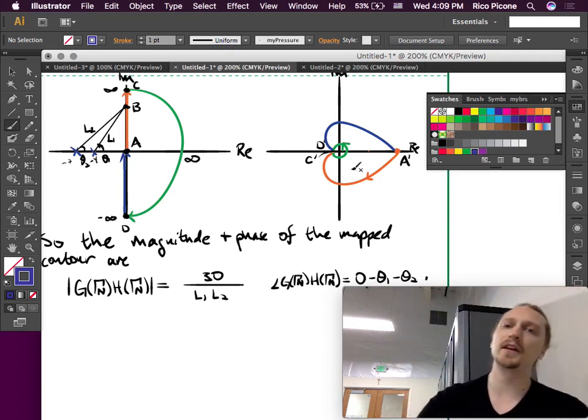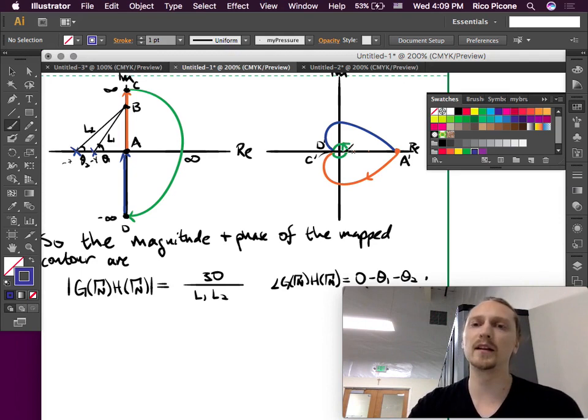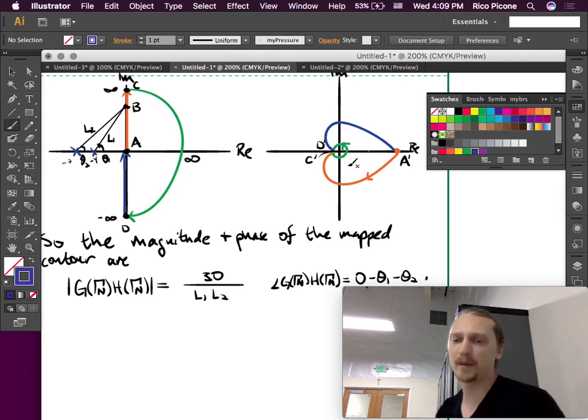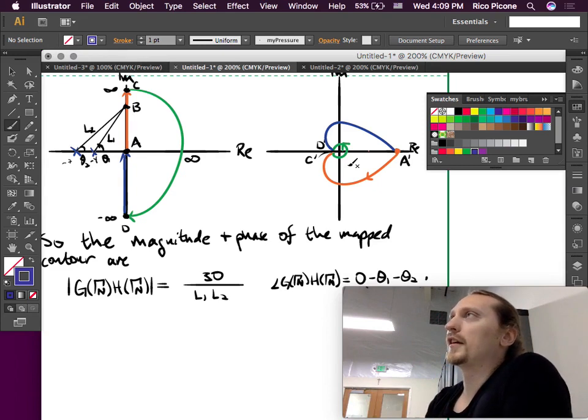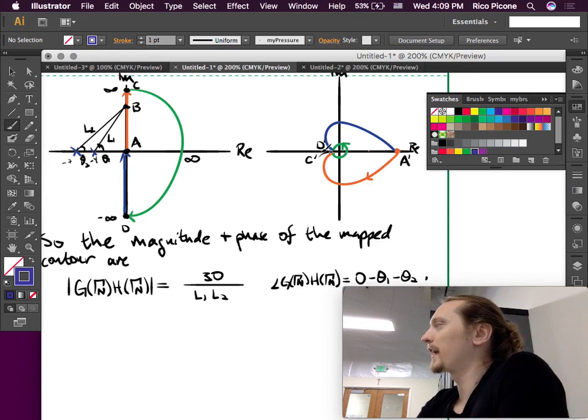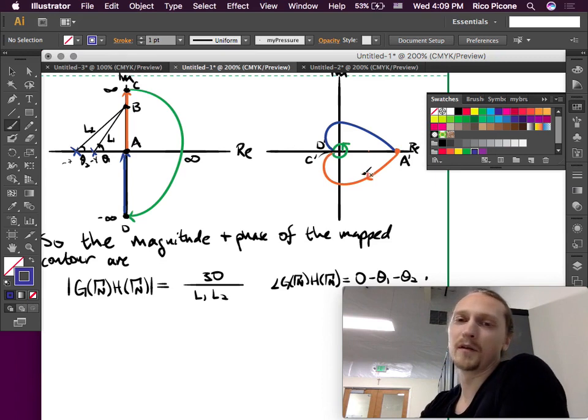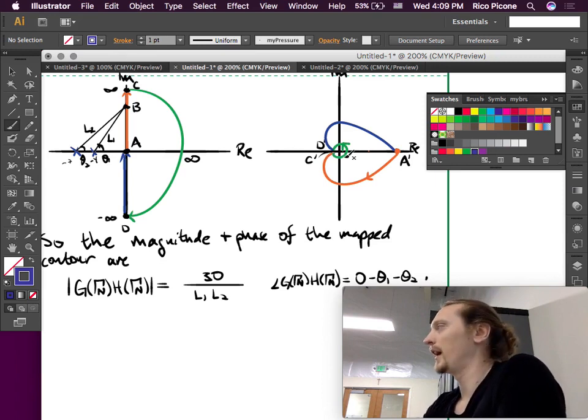Our ad infinity little mapping ended up coming back to the same angle of exit as it did of entry. So this orange curve entered at negative 180 and it exited at positive 180, which is the same angle. That does not always happen, okay? Sometimes we don't exit at the same angle that we enter.